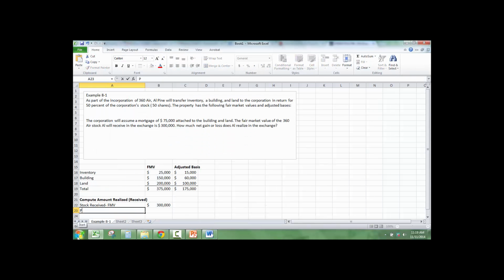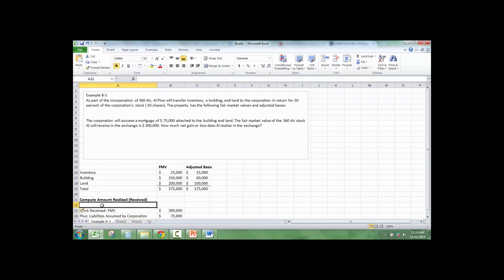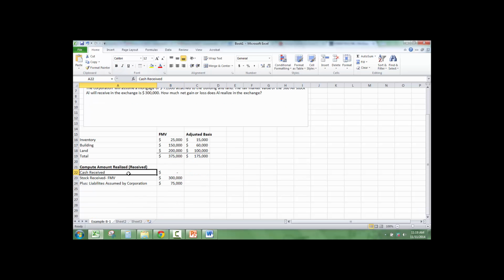I believe they assumed a liability. Plus liabilities assumed by corporation, and that was a $75,000 mortgage. We ran through this whole thing. Cash received, 0. They didn't receive any cash in this transaction.